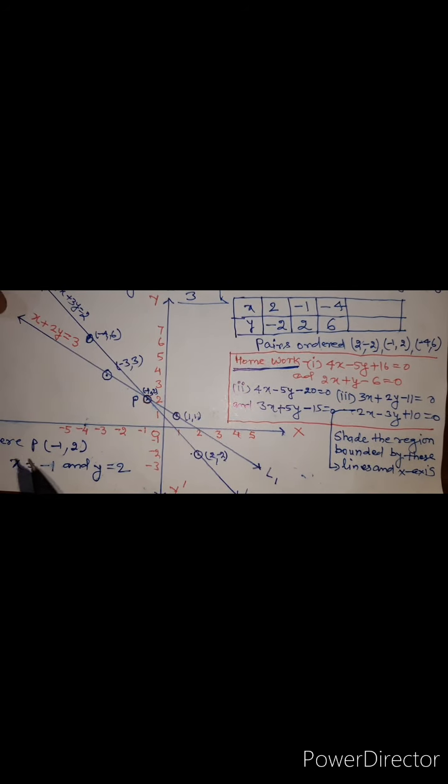Here, student, these two lines intersect at a point P whose common coordinates for both equations are (-1, 2).